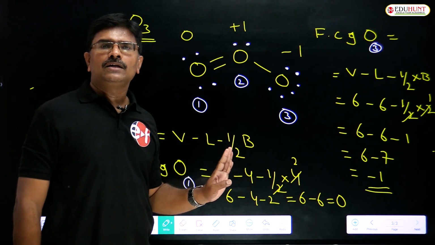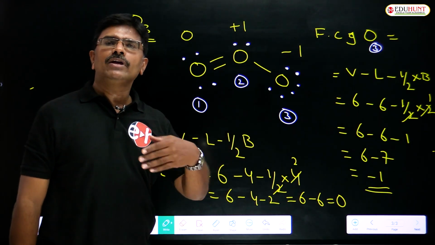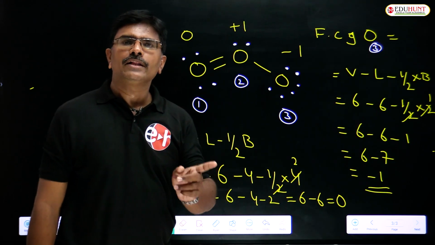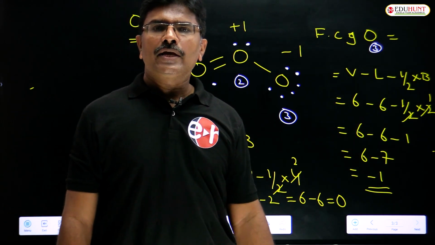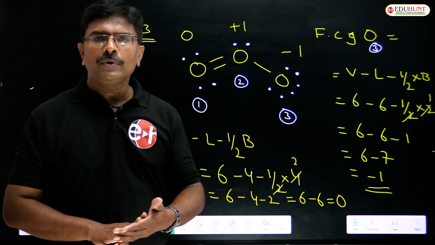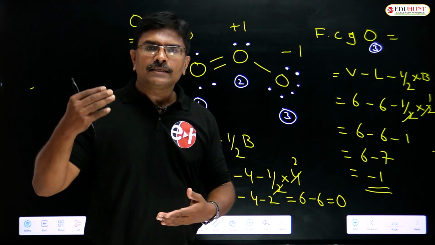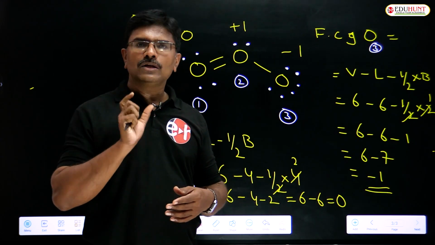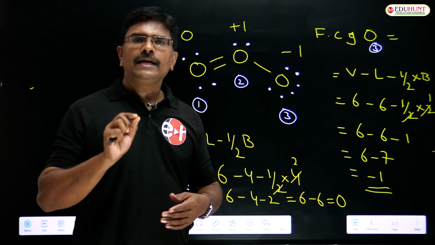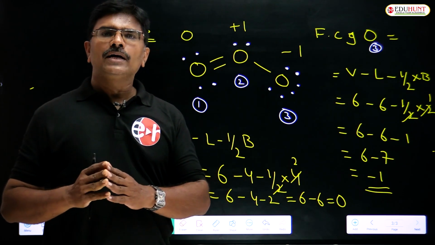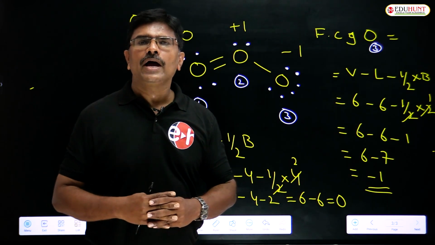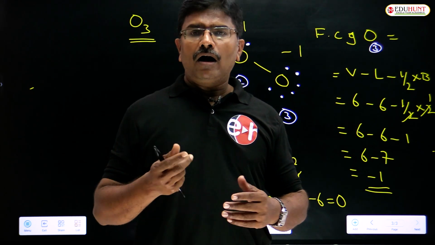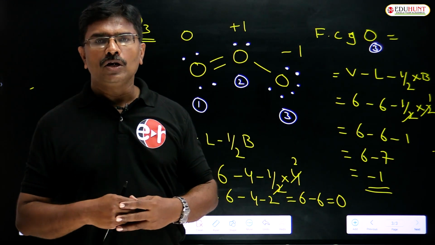Very, very easy. You can apply this to any given Lewis dot structure in the form of a molecule or in the form of an ion. Okay, please do remember the formula. Understand the terms in that formula and simply observe or write the Lewis dot structure, calculate according to the formula. Automatically you are going to have the formal charges of the atoms in the given molecules.